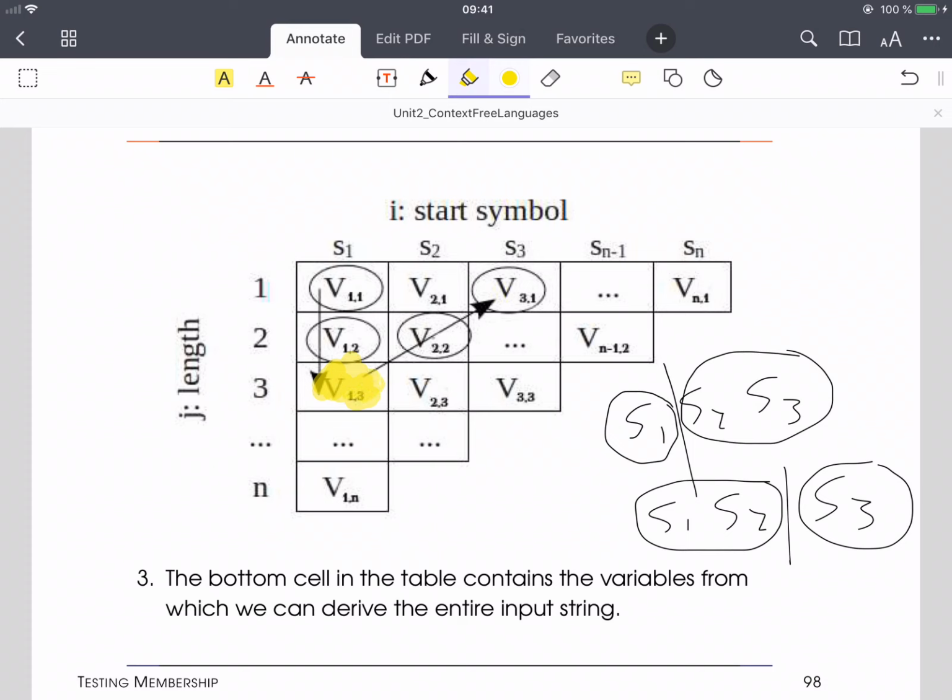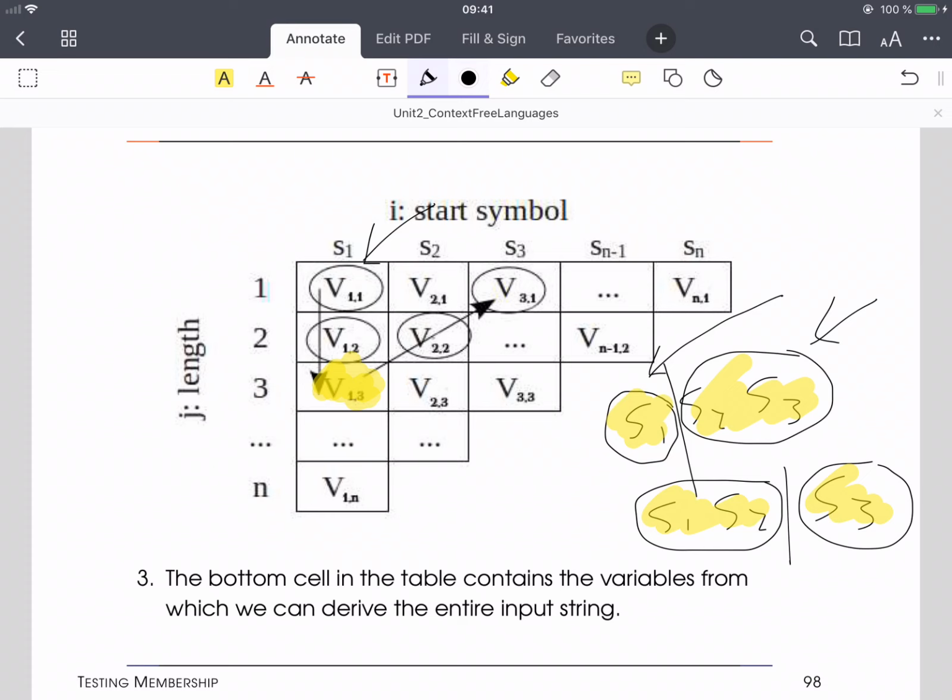Okay? So when we are filling this cell here, we are looking for variables that generate pairs of variables. The first one generates this part and the second one generates this part, or the first one generates this part and the second one generates this part. But which are the variables that generate this part here? This is S1, so this is exactly this cell here. And which are the variables that generate S2, S3?